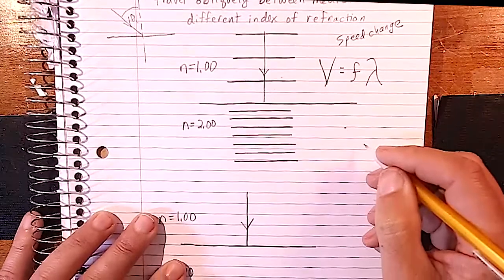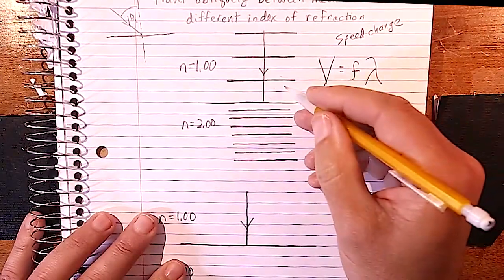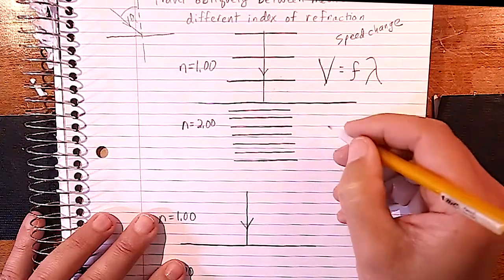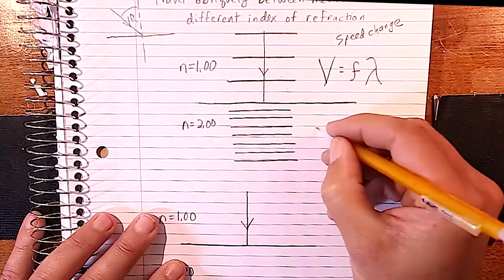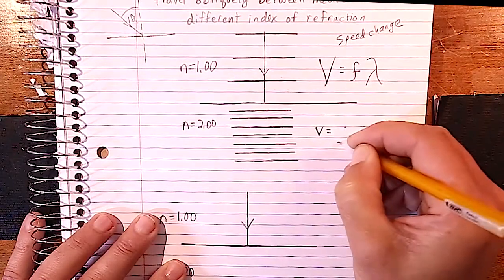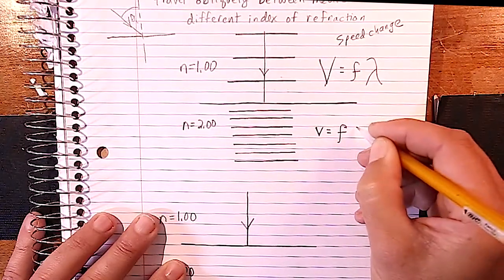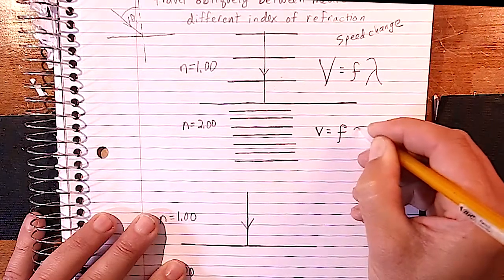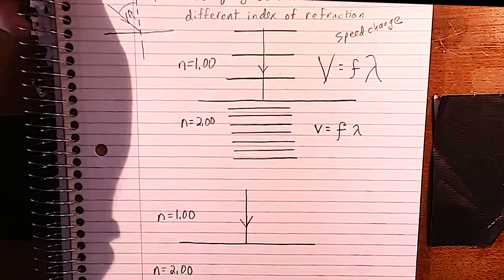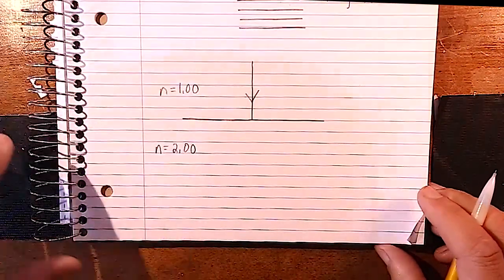And we know this from the last unit, that when we go into a new medium, the frequency does not change. So what has to change? The speed gets slower, the frequency remains the same, and the wavelength is the only other thing that can change, so the wavelength gets shorter. But what type of question might they ask you?